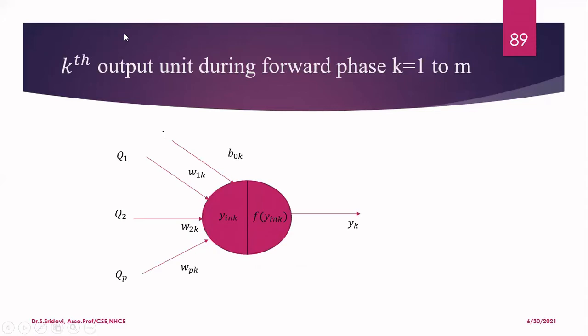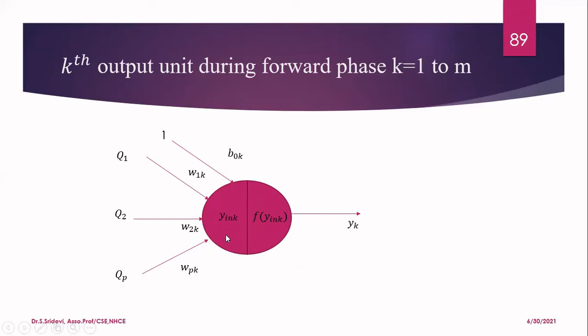Now let us see what will happen in the output unit during the forward phase. Here I am going to assume that in the output I have m neurons. For simplicity, I am telling only the calculation done in one single neuron. Okay, so here kth output unit during the forward phase where k varies from 1 to m. Now if you consider from where the output unit is receiving the input.